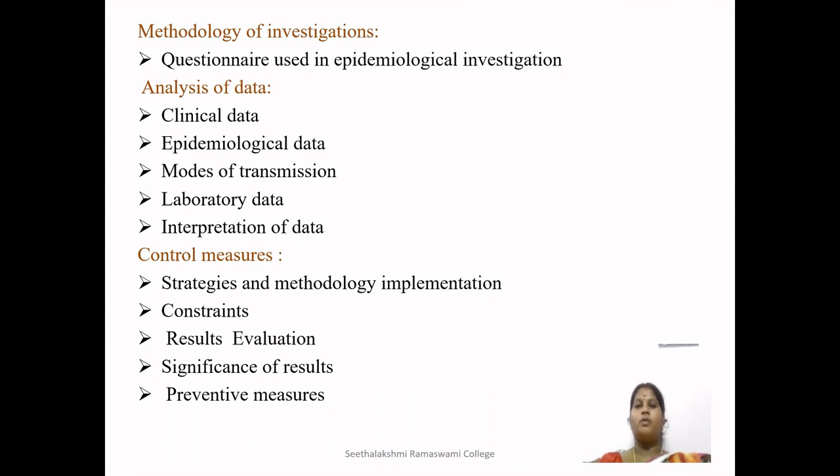Mode of transmission can be observed by the sources by which the infections are transmitted, route of excretion, portal of entry, the factors influencing transmission, etc. The laboratory data includes isolation of agents, serological confirmation, significance of results, etc.